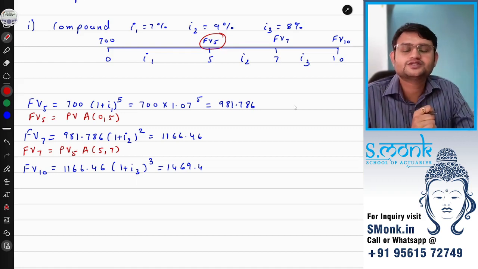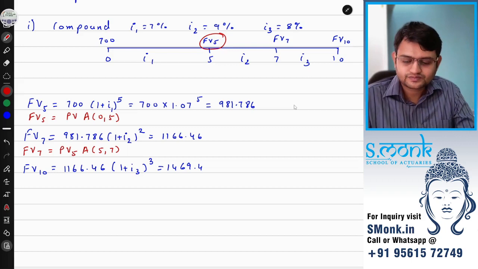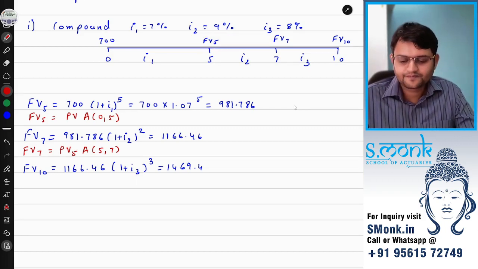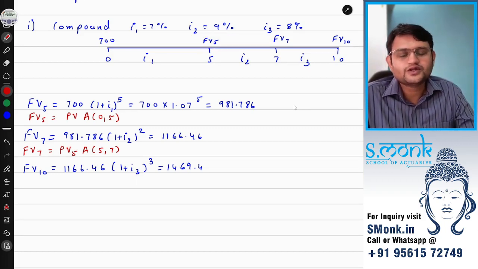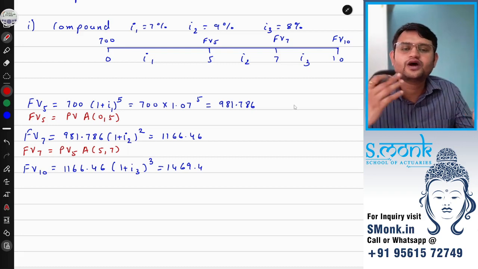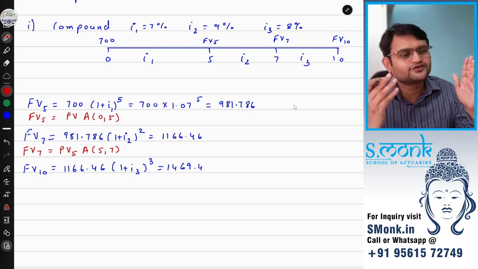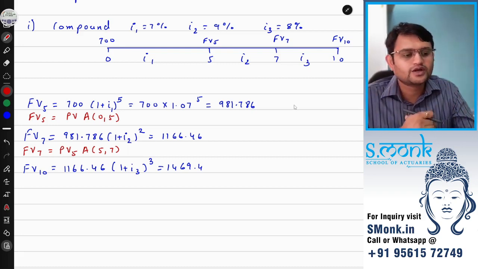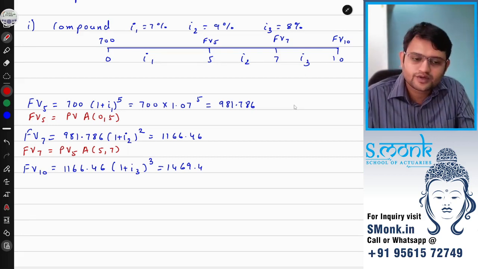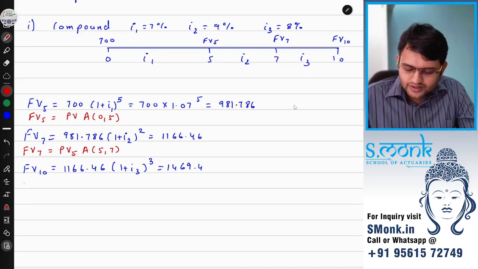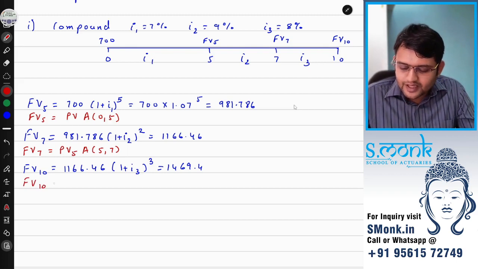We are naming future value just so that it is convenient for us to differentiate between which one is future and which one is today or past or whatever you want to call it. Similarly, future value at time 10 can be written as present value at time 7 into accumulation factor from 7 to 10.